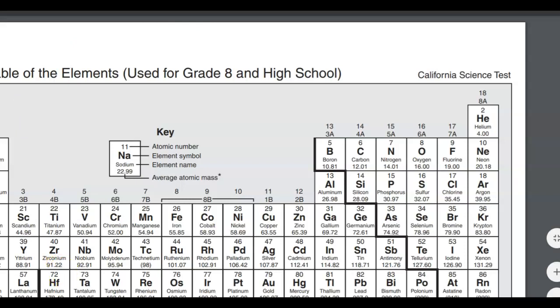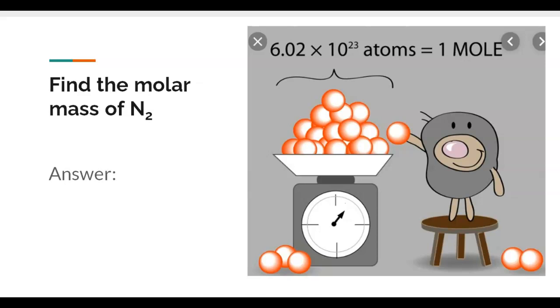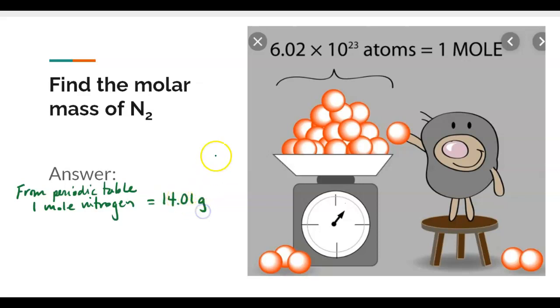Nitrogen, it tells me on the periodic table, has a mass of 14.01 grams. So returning back to our presentation, I know from my periodic table that one mole of nitrogen equals 14.01 grams.